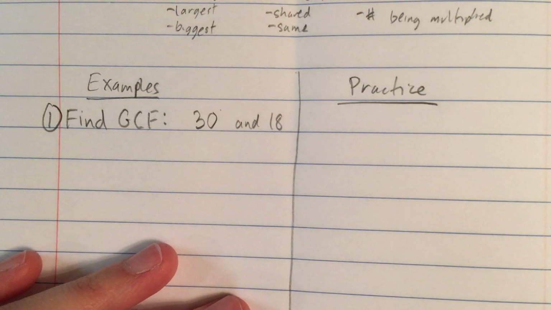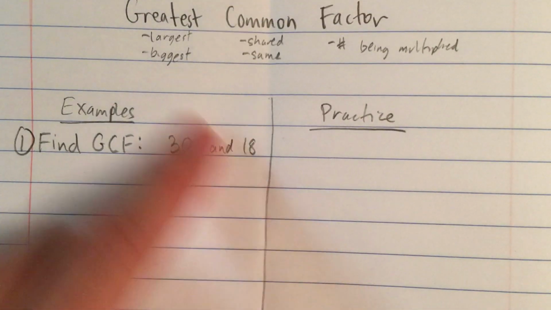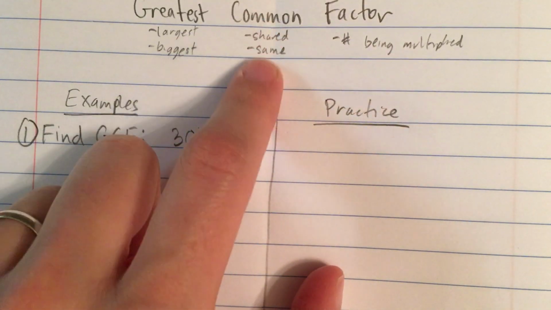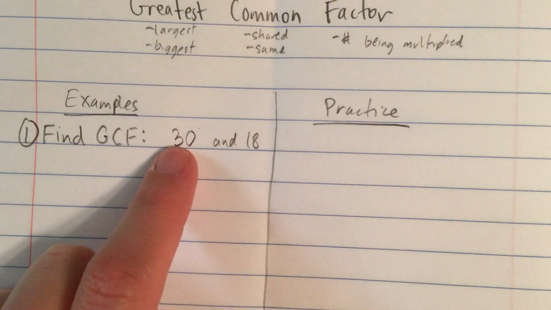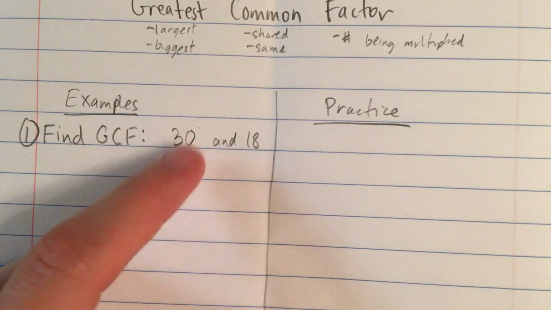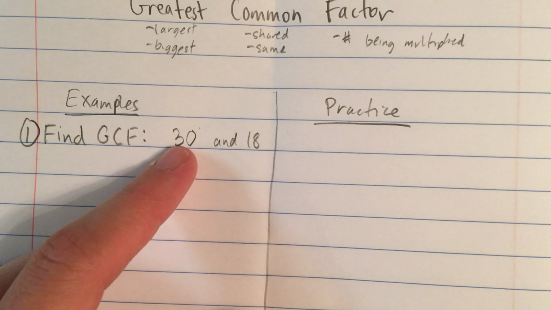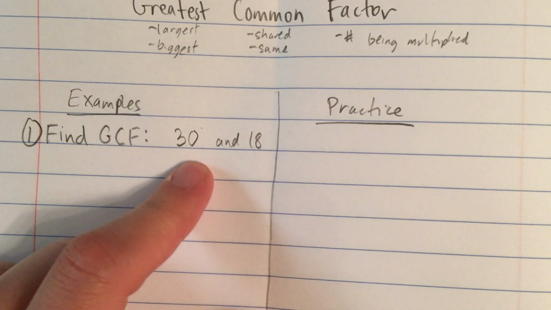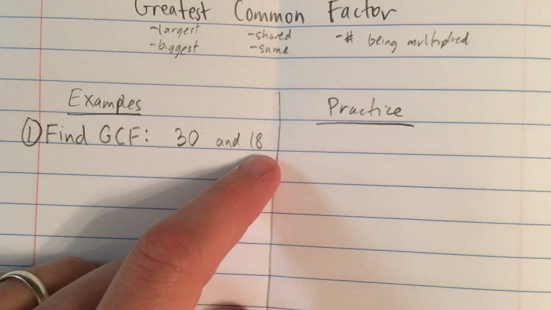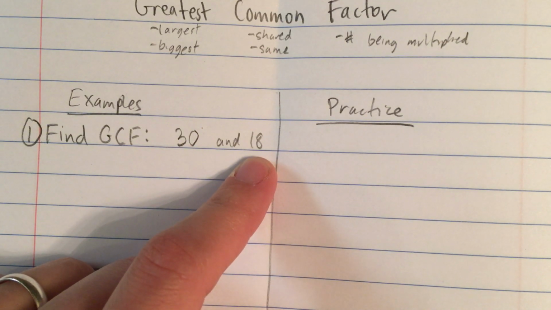Okay, so remember I'm looking for the largest number that's being multiplied that they have in common. So for example, I look and I think, okay, what are some factors of 30? Well, 3, 10, 2, 15, these are all factors of 30. And 18, what are some factors of 18? 9, 2, 6, 3, 18, 1, right?